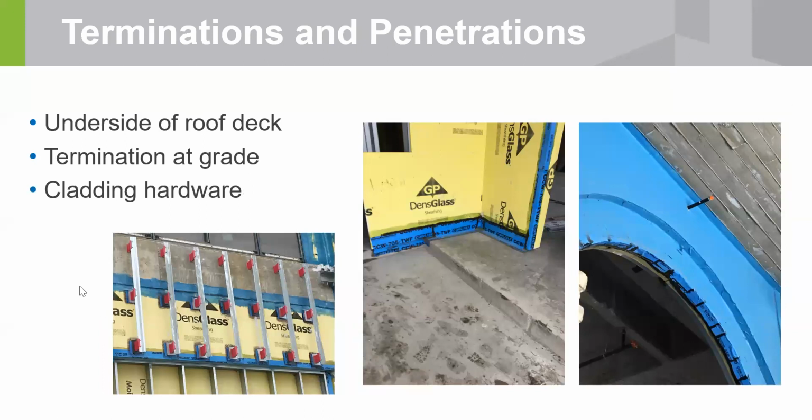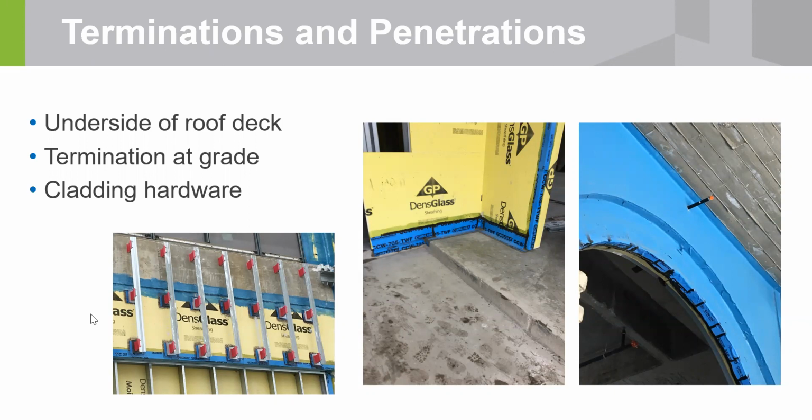More details. Again, the termination at the middle slide is going to have the cold applied waterproofing on it. So you've got a peel and stick flashing terminating the base of the wall onto the plaza deck area. And then that's the clip and rail system that I was talking about for suspending the cladding.